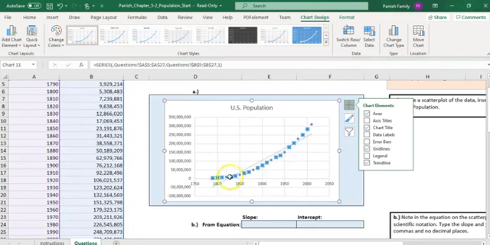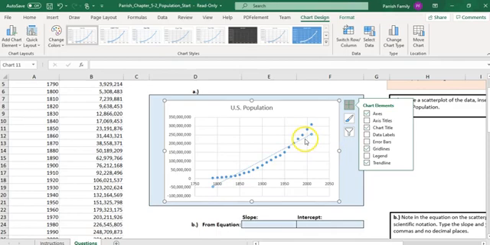So notice I have this line going through here now. Now I want to select the trend line. To do that, I'm just going to click on the trend line. And notice that I've got my little dots at the ends of the trend line, so I know it's selected now.